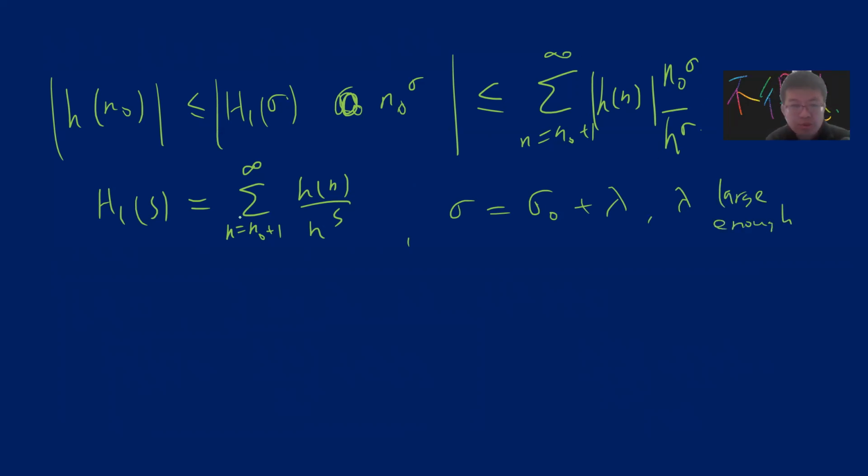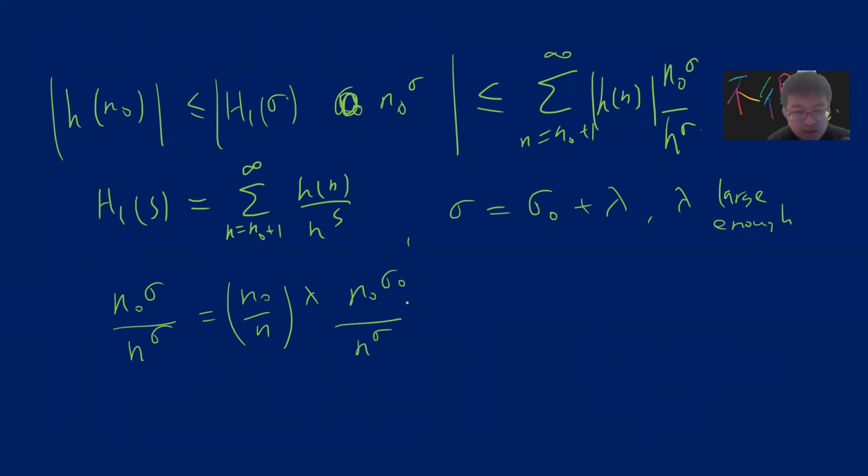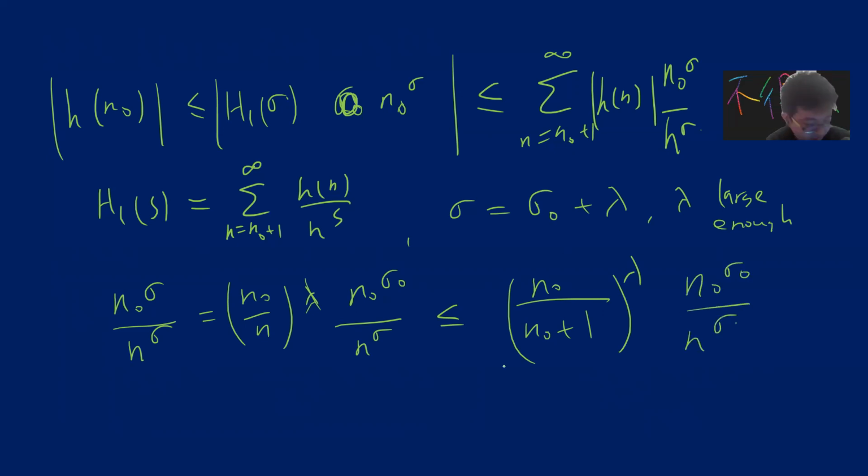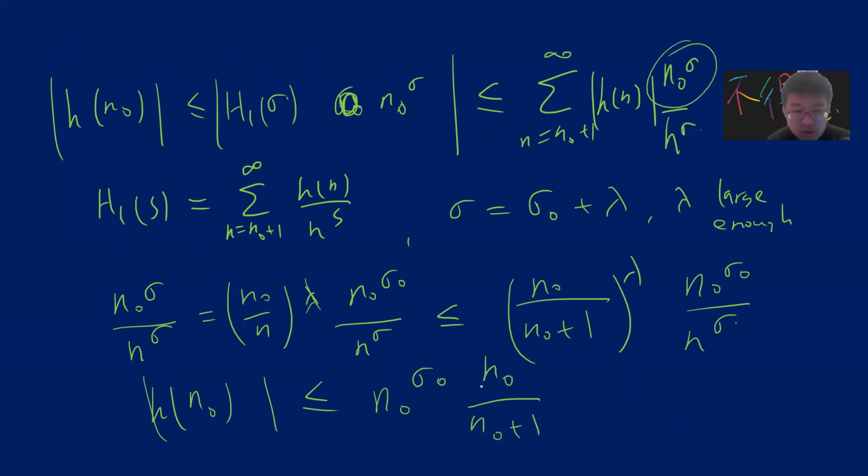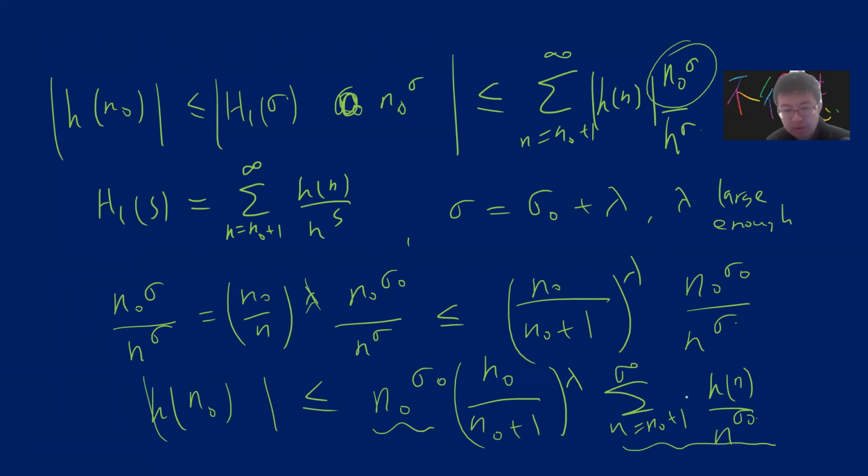Now you can see the result, because you can bound it. n_0^sigma divided by n^sigma is (n_0/n)^lambda times n_0^sigma_0 / n^sigma_0, which is less or equal to (n_0/(n_0+1))^lambda, because n is greater than n_0, at least n_0 plus 1. So |h(n_0)| is less or equal to n_0^sigma_0 (n_0/(n_0+1))^lambda times the summation over n from n_0 plus 1 to infinity of |h(n)|/n^sigma_0. This sum converges, so it is just some constant.